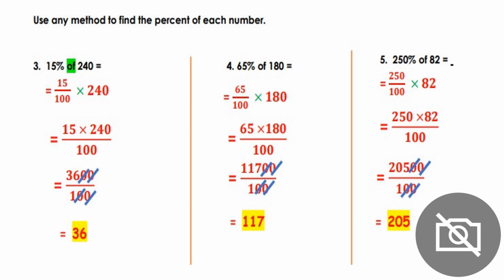In another way also you can do, you can cancel the zeros and zeros, like that also you can do. You can use the partial division method, and then also you can find the answer. The method which is easy, that you can follow. Here multiply and divide is the method we used. If you have any alternate method or simple method, that also you can use, that's up to you.